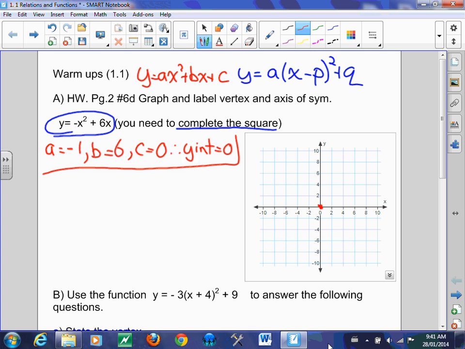Now, in order to complete the square, I'm going to change colors so we don't get confused. Step 1 is to factor what we call the term a out of the first two terms.